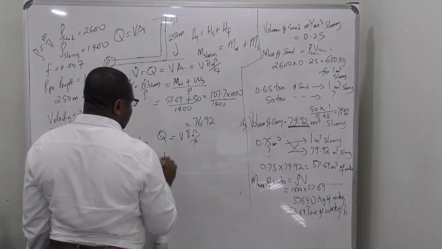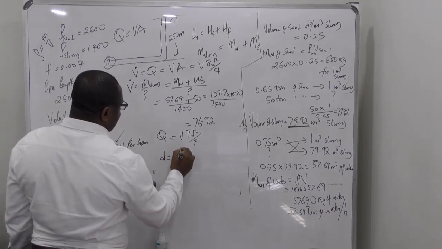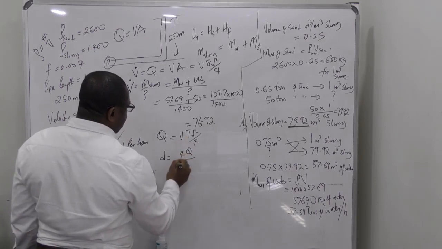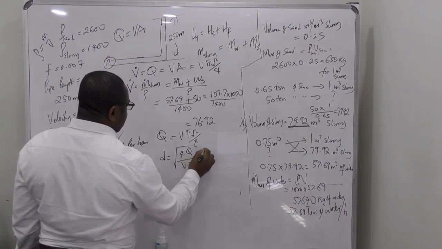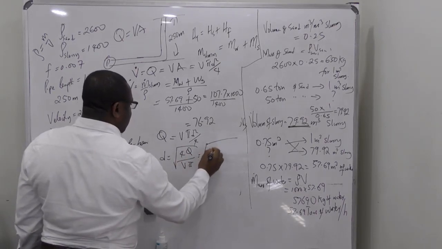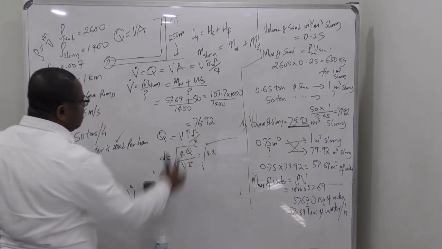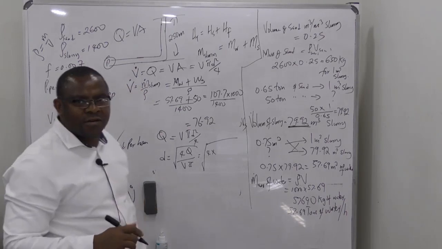The diameter of the pipe will be the square root of 4Q over V pi, which is the square root of 4 times this. Remember, this is Q, the volumetric flow rate.